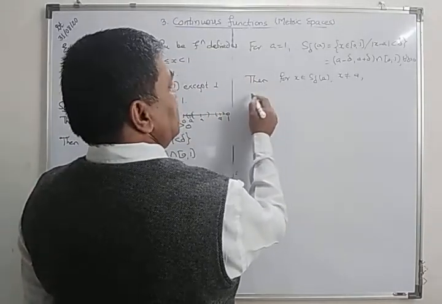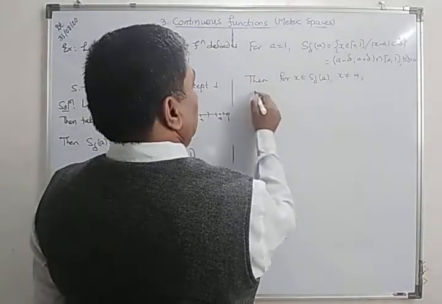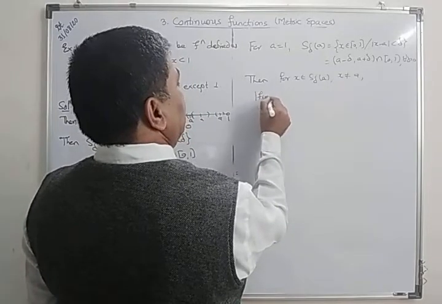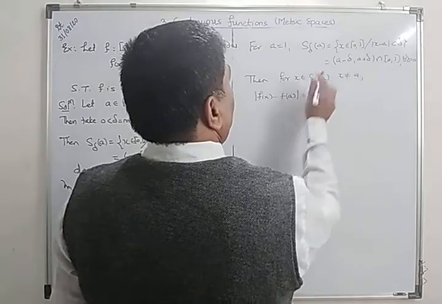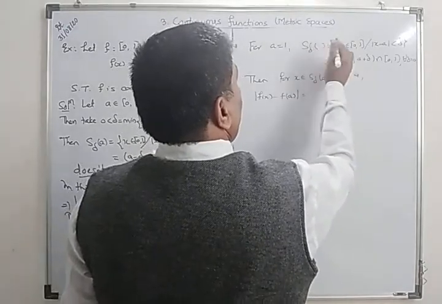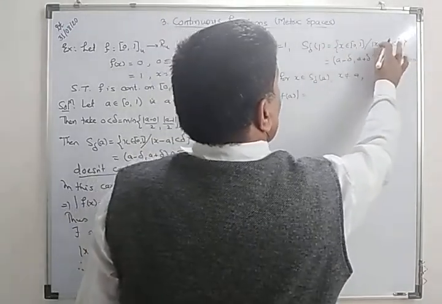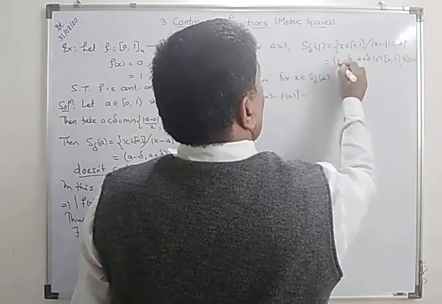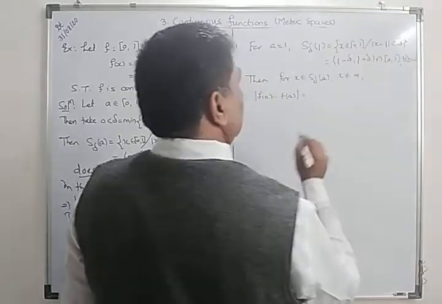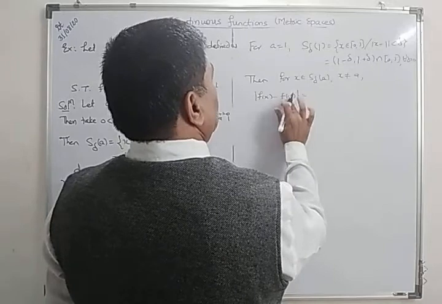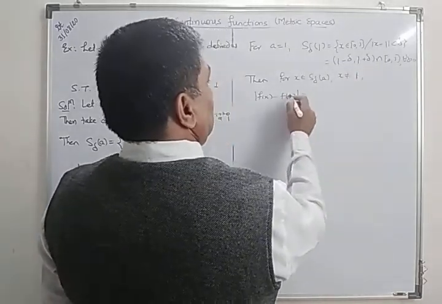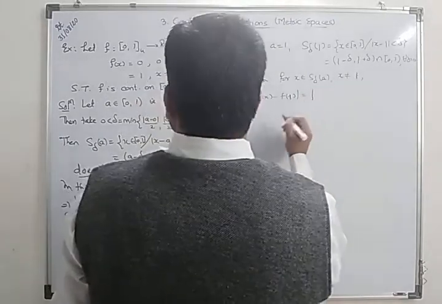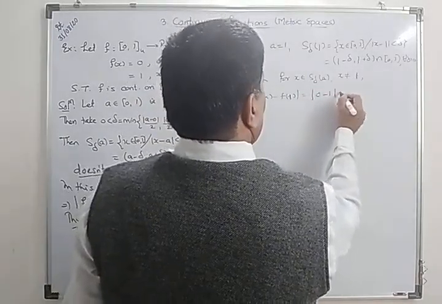Okay. Then for x belongs to S delta A, x not equal to a, mod of fx minus fa, which is nothing but for S delta 1, I'll take here 1 minus delta to 1 plus delta, right? So fx minus f1, this will become 0 minus 1 is equal to 1.